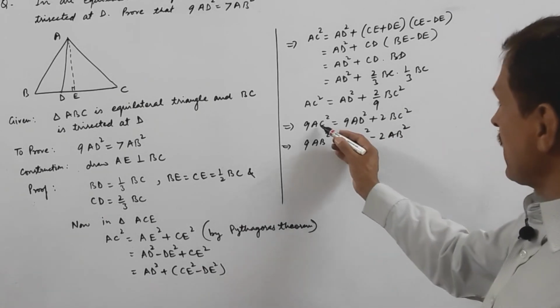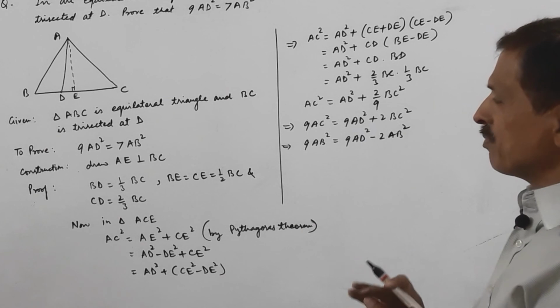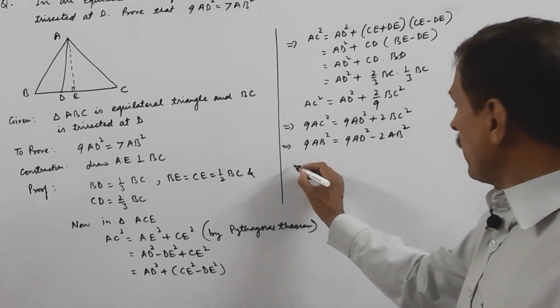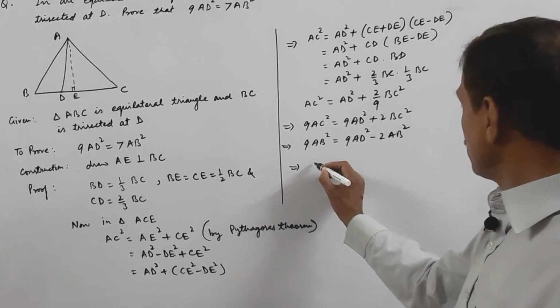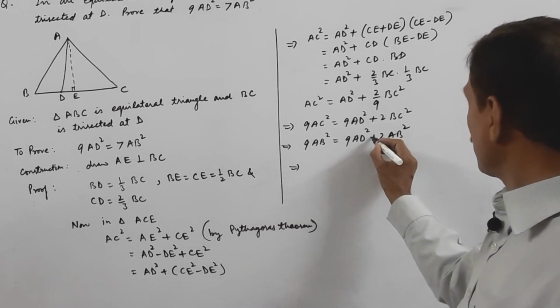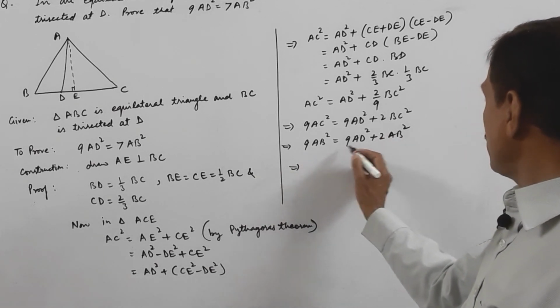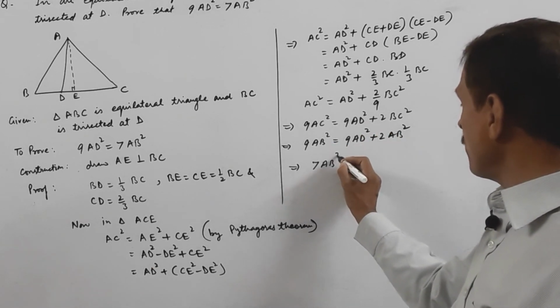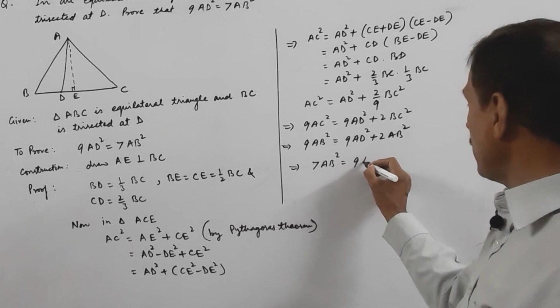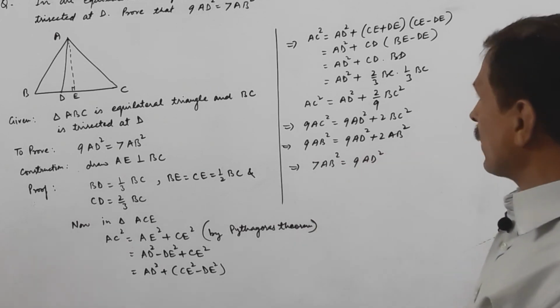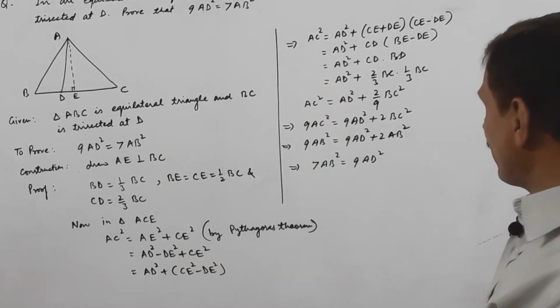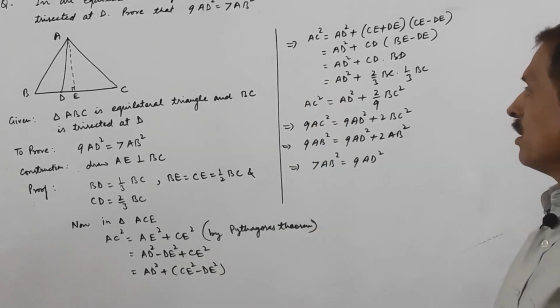We can replace AC by AB and BC by AB, because all sides of an equilateral triangle are equal. It further implies that 9AB² minus 2AB², that is 7AB², is equal to 9AD², or 9AD² is equal to 7AB². Hence proved.